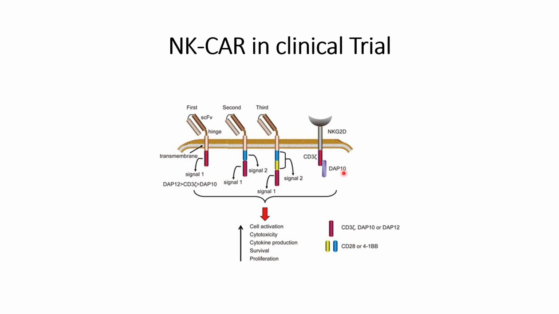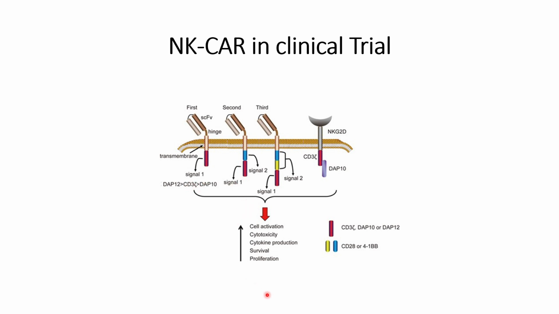What researchers have found out is that DAP10 performs lower than CD3 zeta, whereas DAP12 performs better than CD3 zeta. So replacing CD3 zeta with DAP12 can have a better cytotoxicity effect against the tumors compared to CD3 zeta or DAP10.